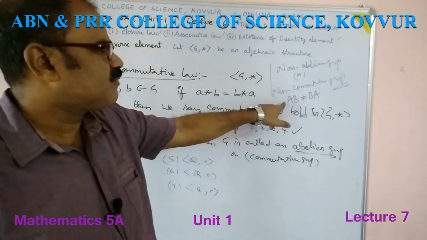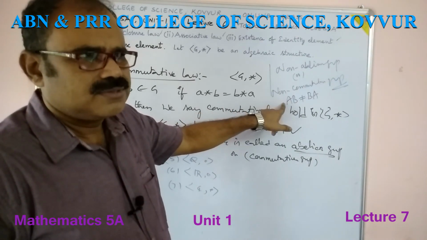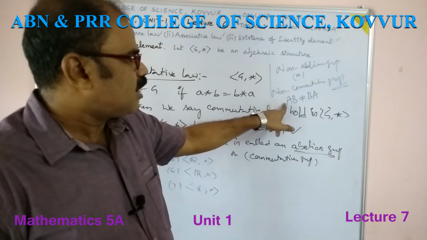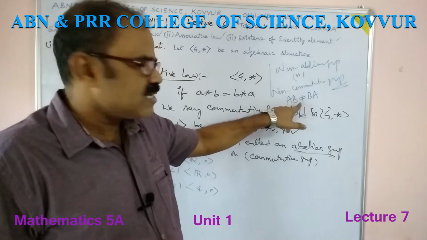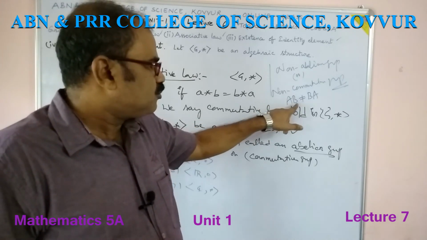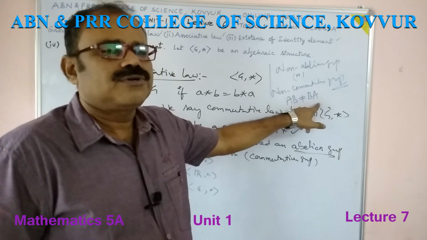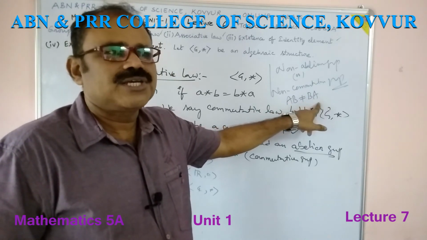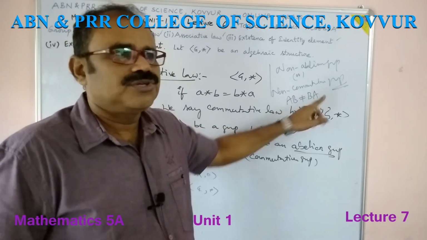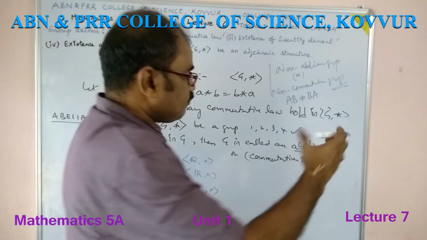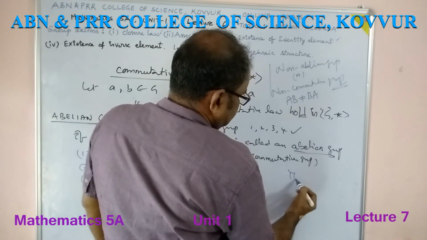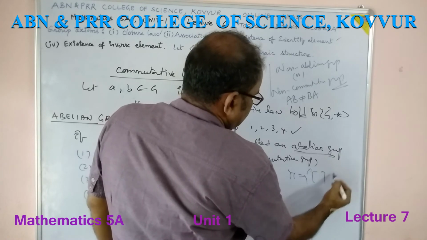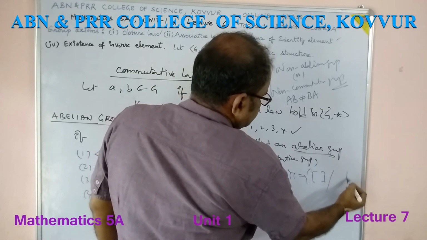So, this is one of the best examples. A and B are two matrices, A into B is not equal to B into A. Matrix multiplication is non-commutative.